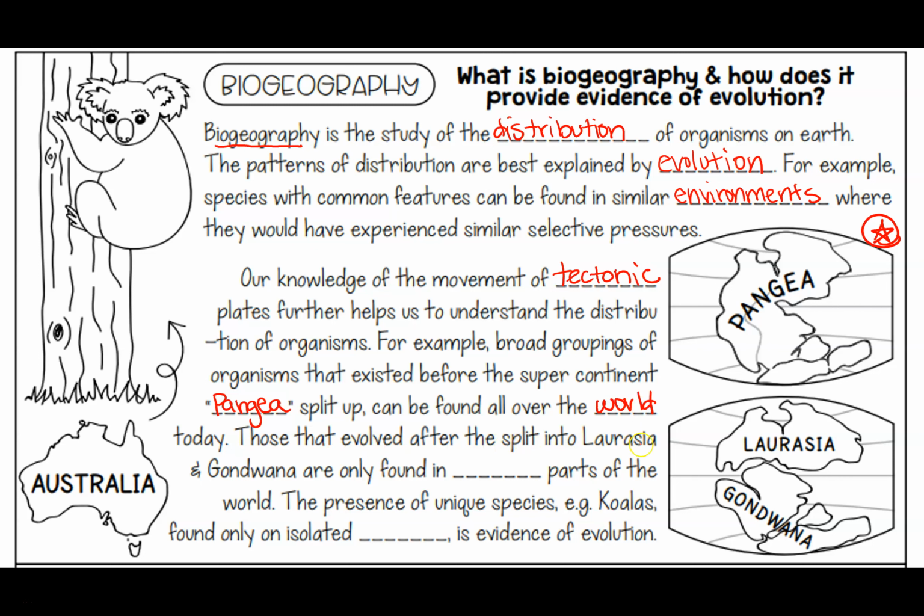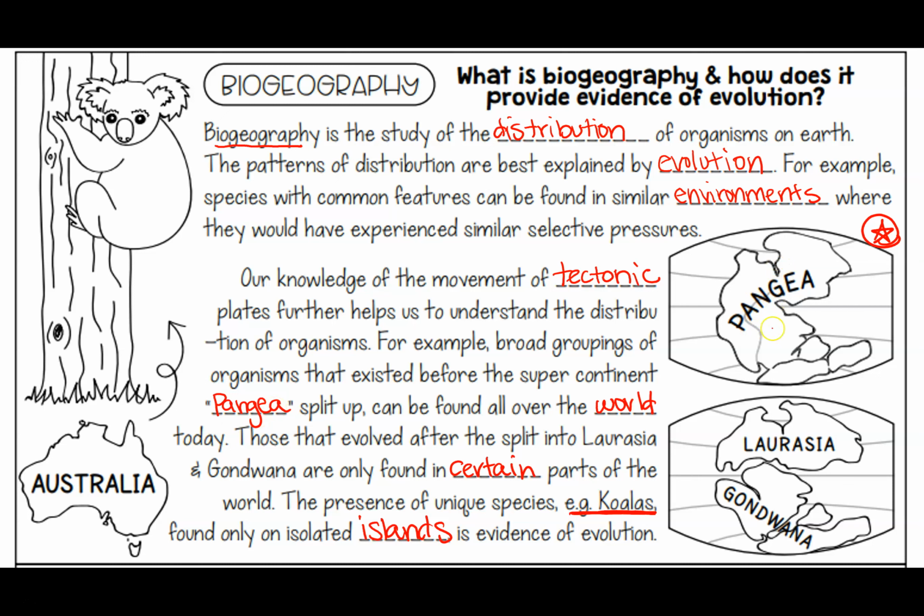Those that evolved after the split into Laurasia and Gondwana are only found in certain parts of the world. The presence of unique species like koalas, found only on isolated islands, is evidence of evolution. Okay, so let me give you an idea of how this works.